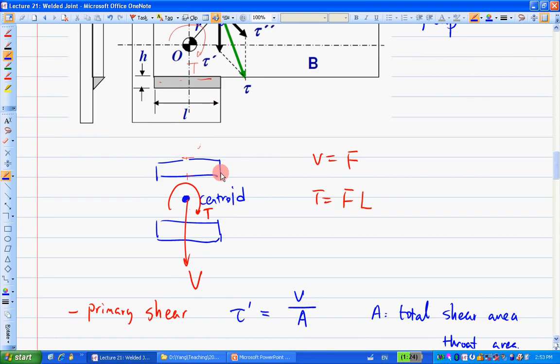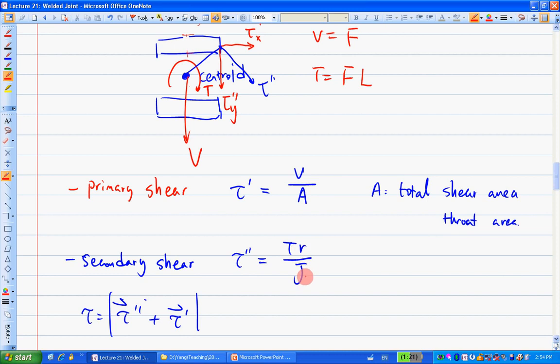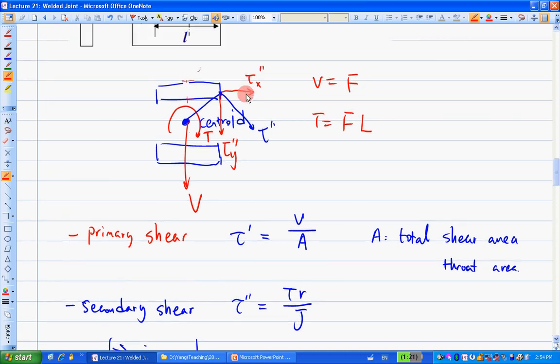So maybe I'll draw it here. If this is the tau double prime, then it always has two components. The top one here, let's call that tau x double prime, and let's call this tau y double prime. That makes sense? So instead of calculating tau double prime as Tr over J, maybe I can just calculate tau x double prime and tau y double prime.